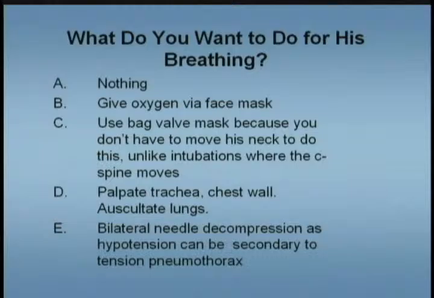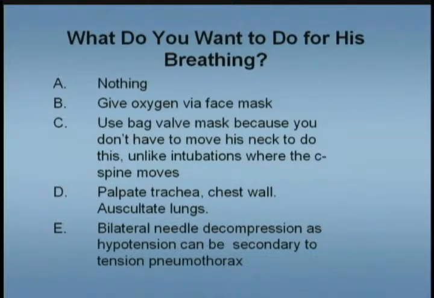All right, well, if I do A, I don't assess to look for any other associated injuries, so that's not the right choice. Giving oxygen, that's not an unreasonable thing to do, but there's a better choice first on this list. C, he doesn't need any help breathing. The bag valve mask is for breathing, so I'm not going to do that. E is also wrong because he doesn't have a pneumothorax.